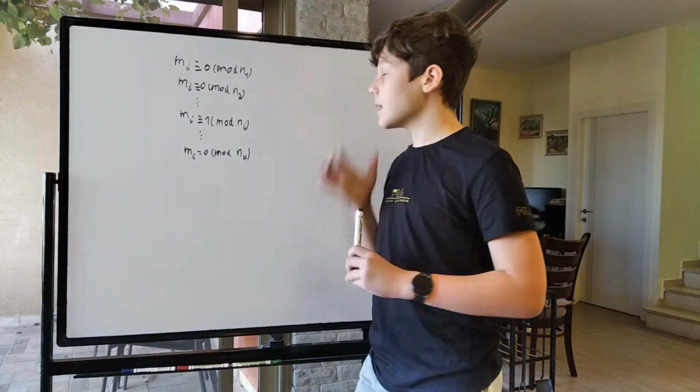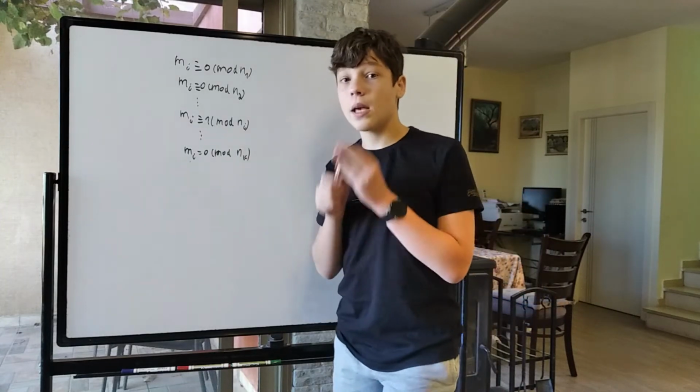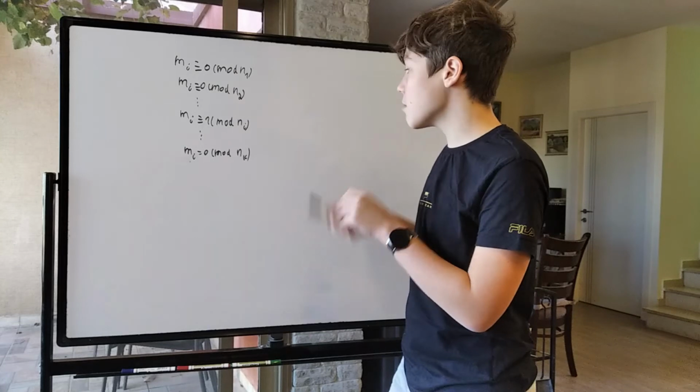So it's congruent to 0 mod all numbers except ni, and it's congruent to 1 mod ni.